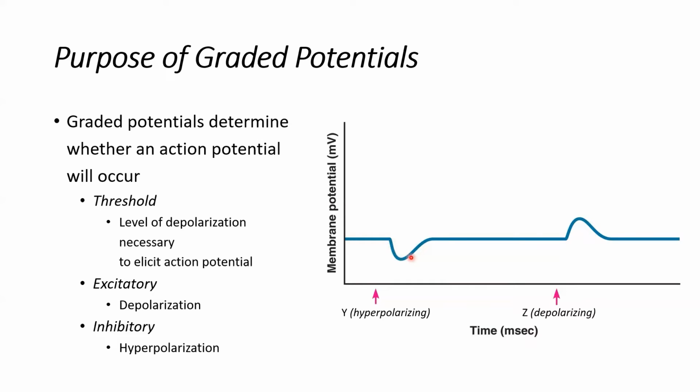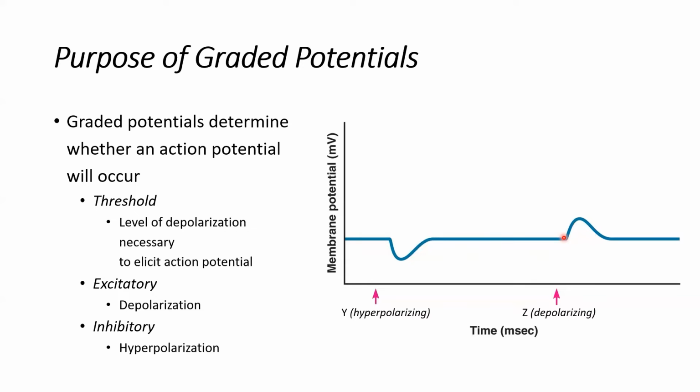Now, there can be different types of graded potentials. They can be hyperpolarizing, which are negative changes. This is where the membrane potential becomes more negative or goes below negative 70. Or, more commonly and more favorable to become an action potential, they are depolarizing. So this is where the change is a positive change. It actually excites the membrane, so it's going to be an increase in that value.